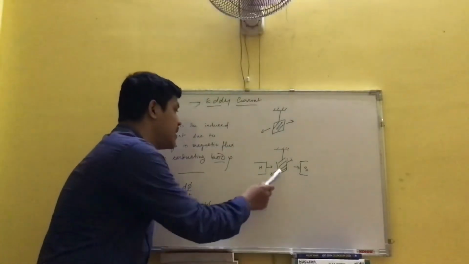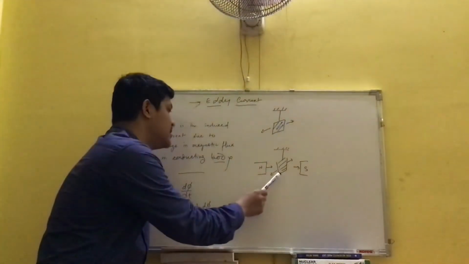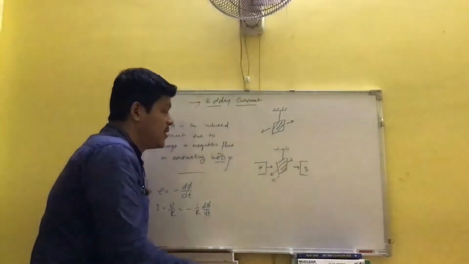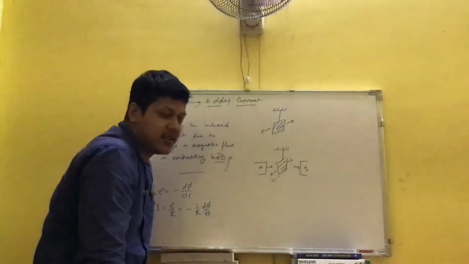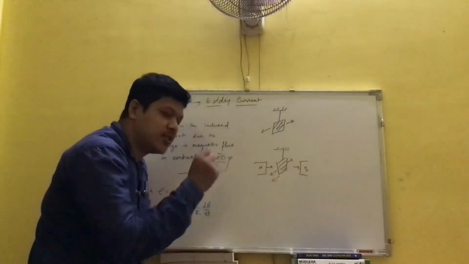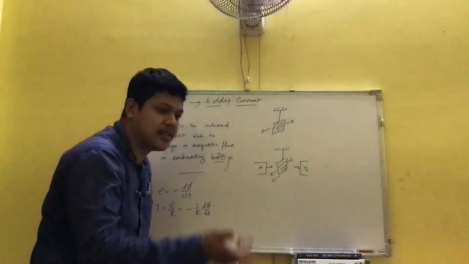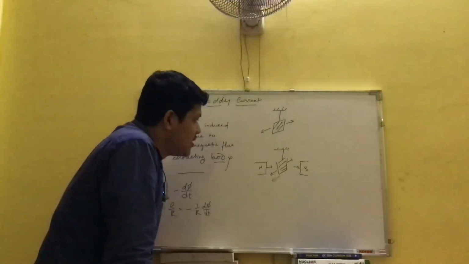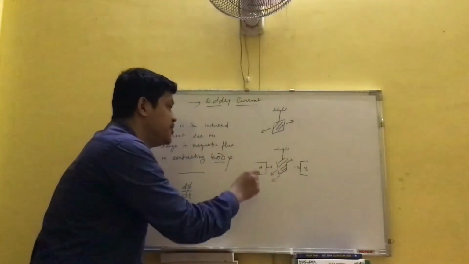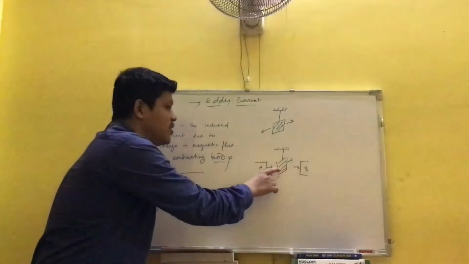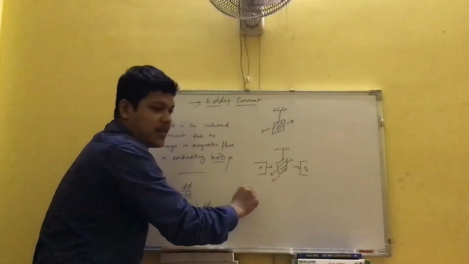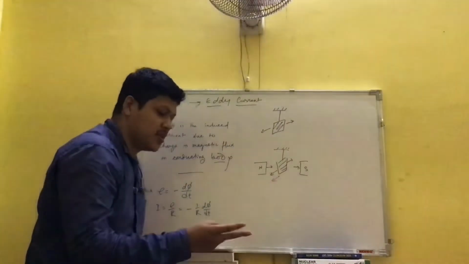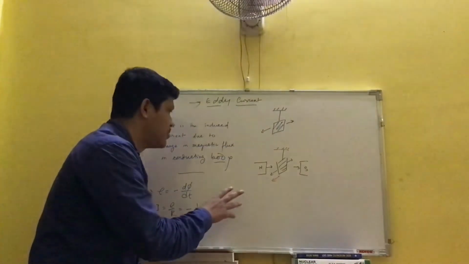That's why the eddy current creates a retardation. Retardation means opposite of acceleration, negative acceleration, you can say. And that's why it comes to rest very soon compared to this one, in very less time. Okay. So that means what happens?